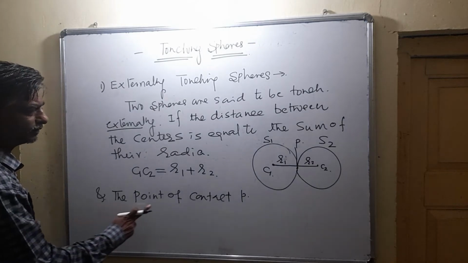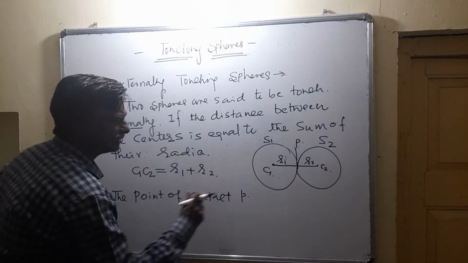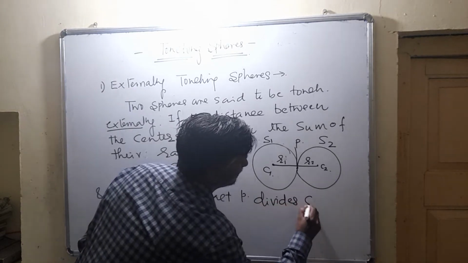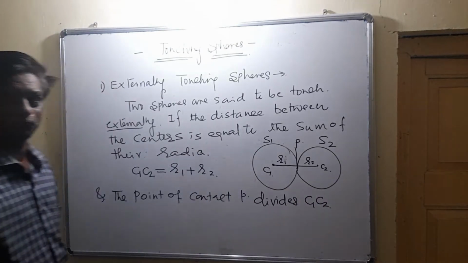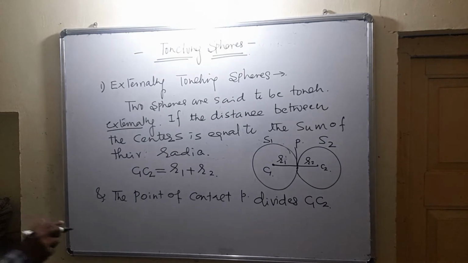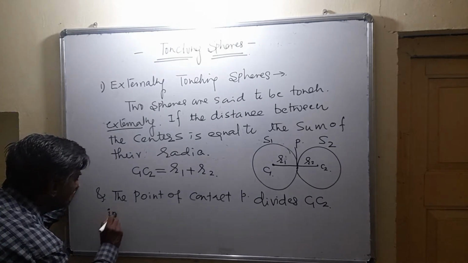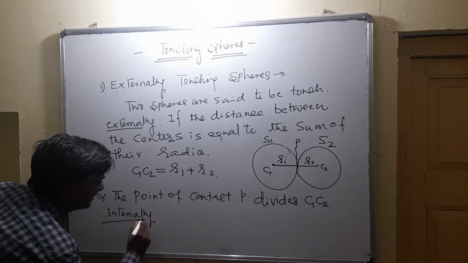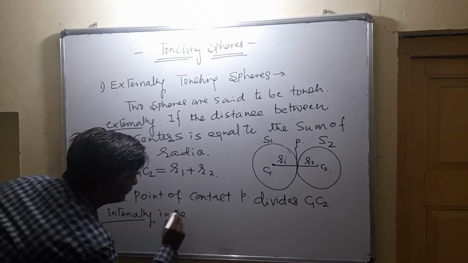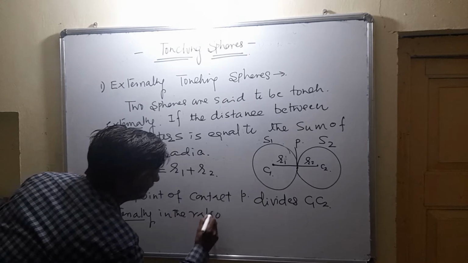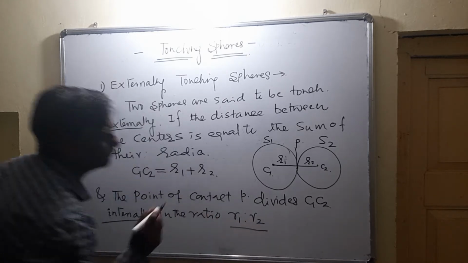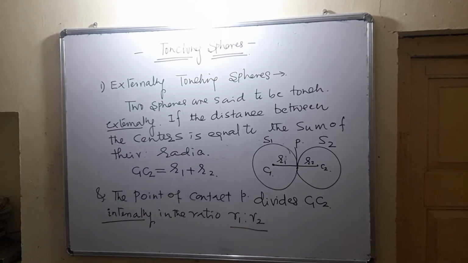The point of contact P divides C1C2 internally. This is very important. Internally in the ratio R1 is to R2.